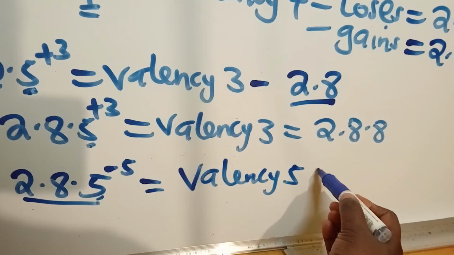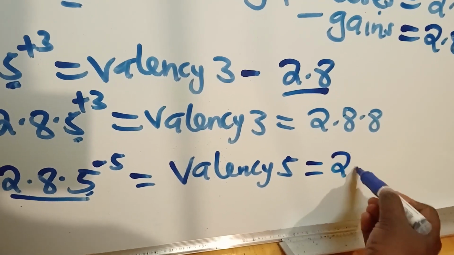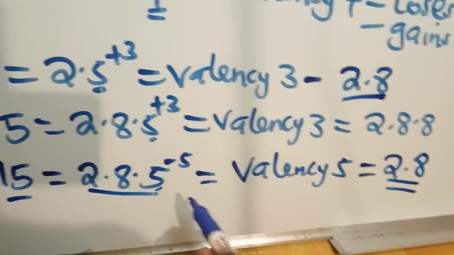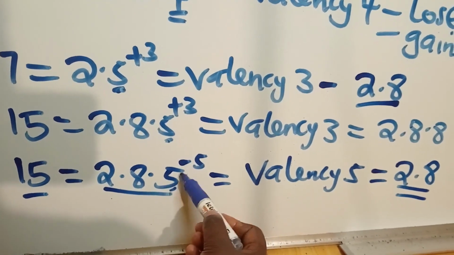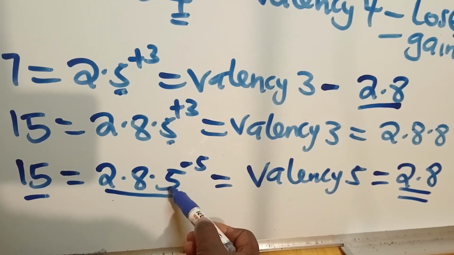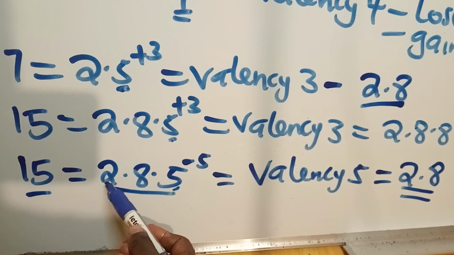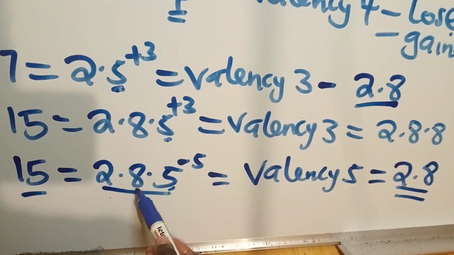And for this one it will have 2.8 as the ionic configuration. Now when it loses the 5, the outermost energy level will also be lost, and so it will remain with just 2 energy levels.